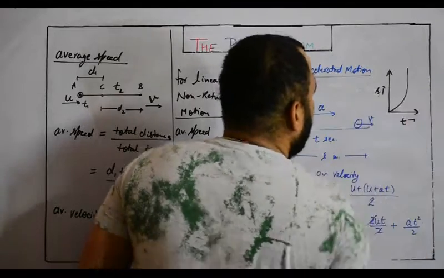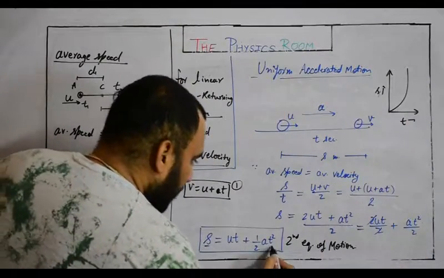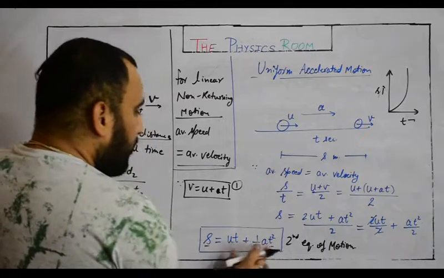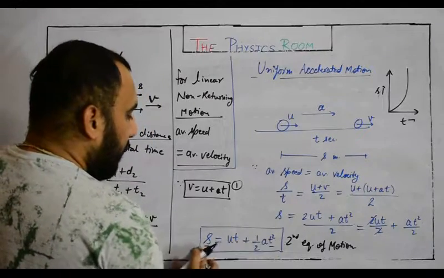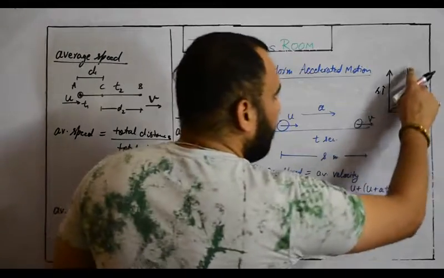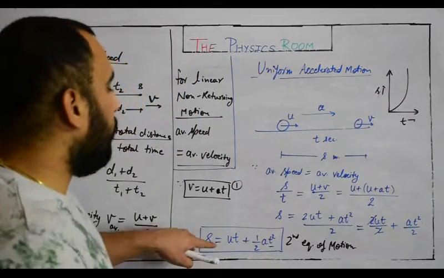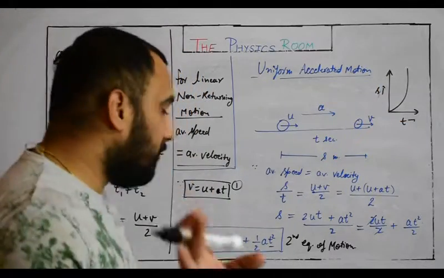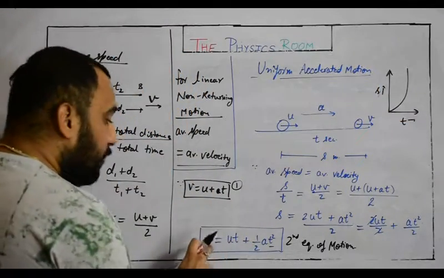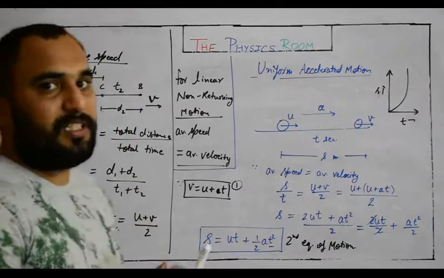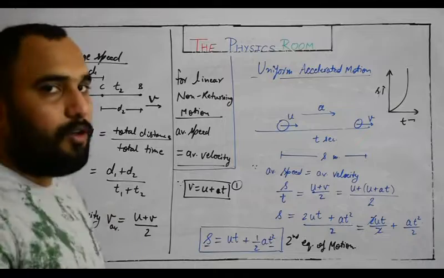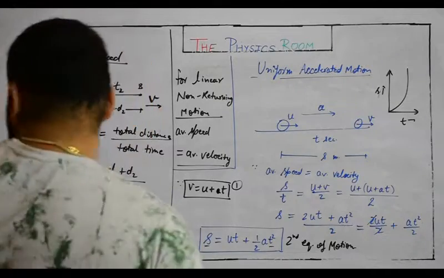You can conclude from here that displacement is directly proportional to t square, for which the graph will look like this. That's why I told you that we will require the equation of motion for that. Keep this in your mind. I had used this equation of motion to find out the displacement. So this is the second equation of motion, and now let's talk about the third equation of motion.